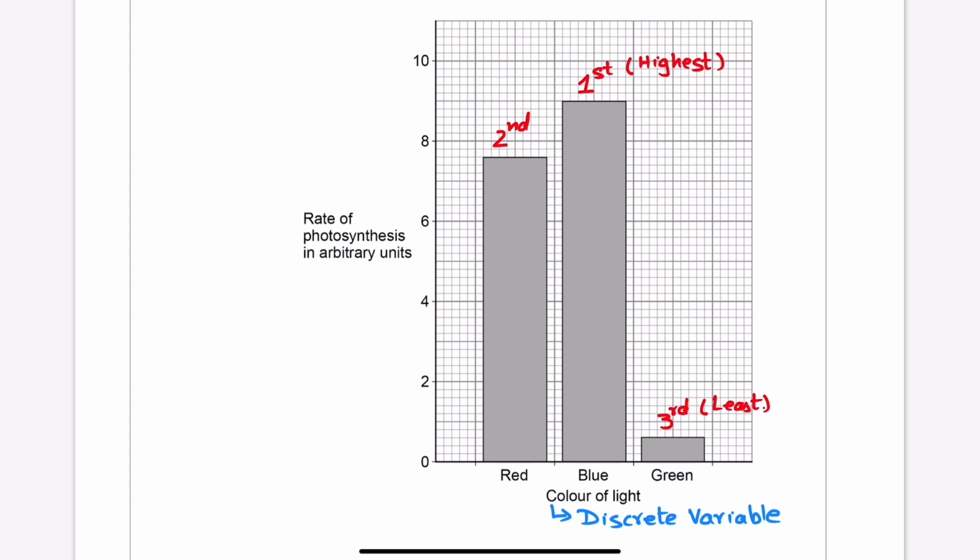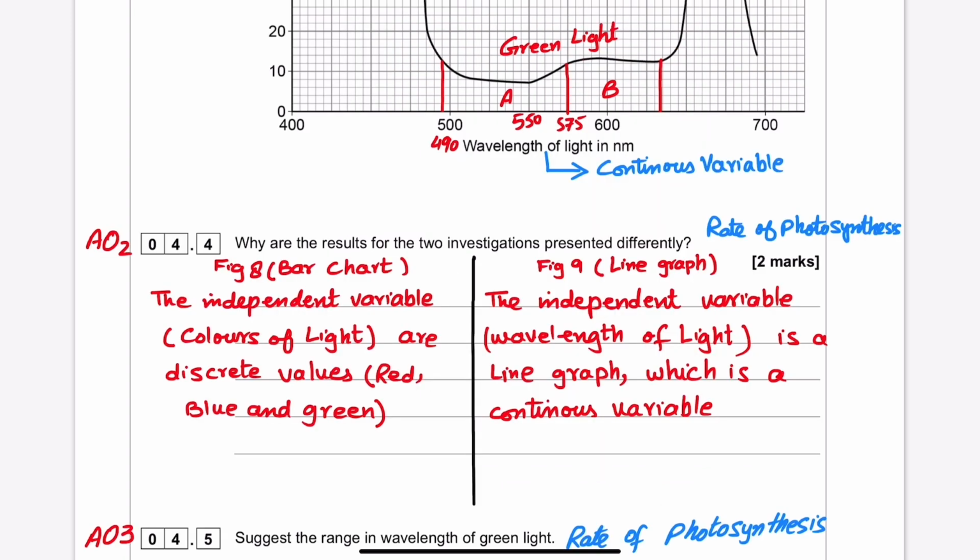So the two investigations are represented in a different way. Let's see the model answer. The model answer is: figure number 8 shows bar charts. The independent variable is along the x-axis. They are actually the colors of light, and they are discrete values. Discrete values mean fixed values. The fixed values are there: the red color, the blue category, and the green category.